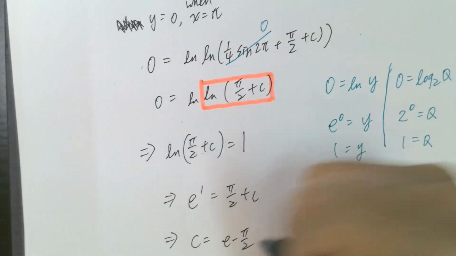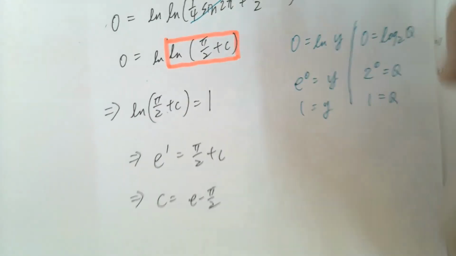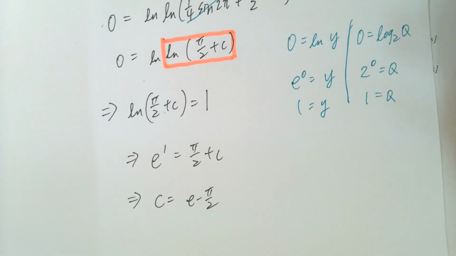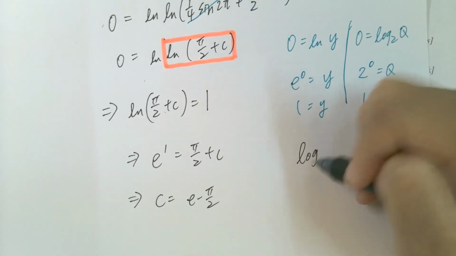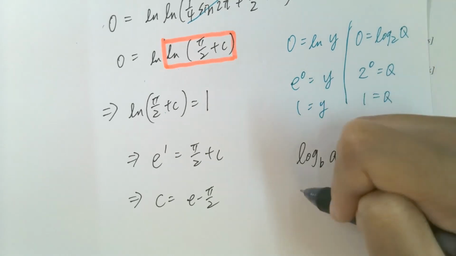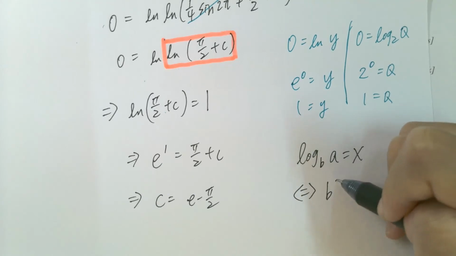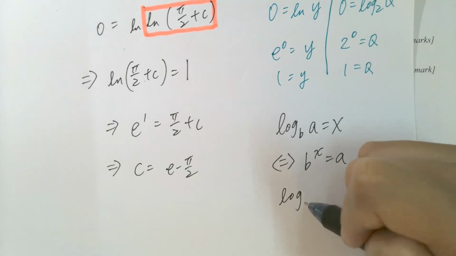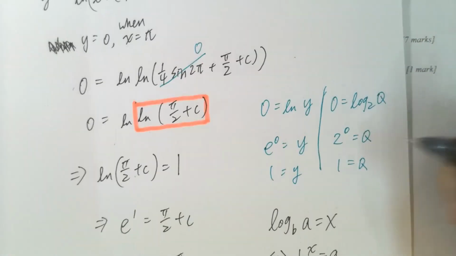So you really gotta review a little bit your logarithm to really get this part. Because the definition of logarithm in general is log base b of a equals x, which is defined by the fact that b to the power of x is equal to a. Therefore, in our special case, log base e of a is equal to x, which is our ln.